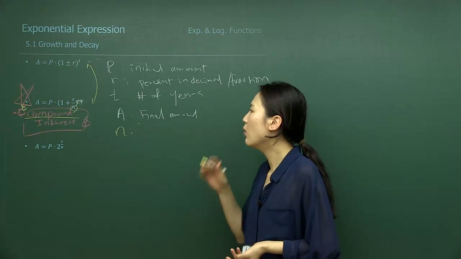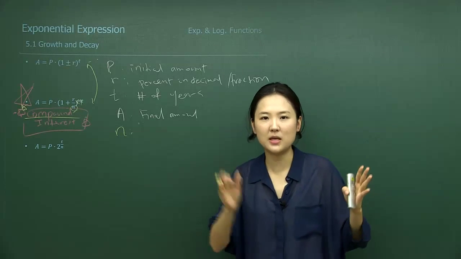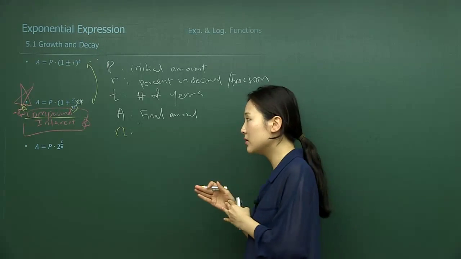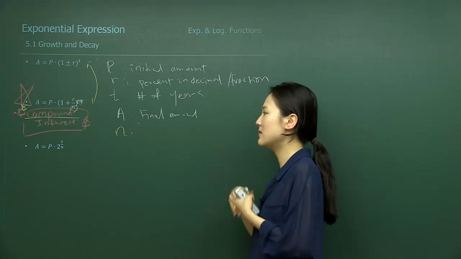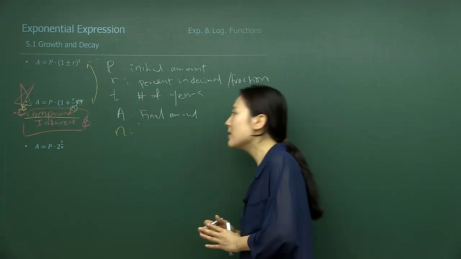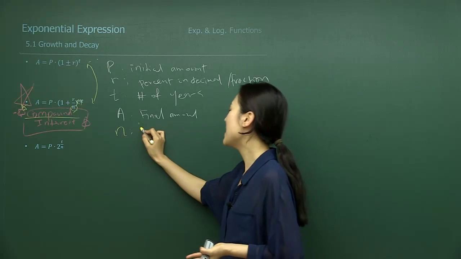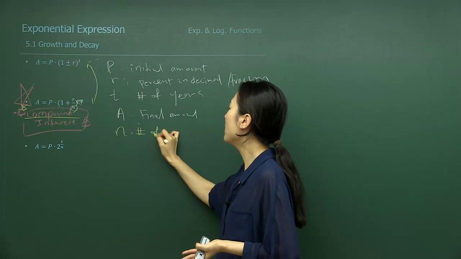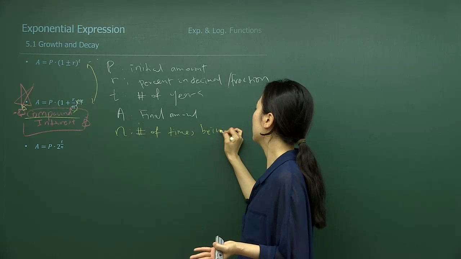Whenever that happens, all you have to do is count how many times a year it is being divided. If it says quarterly, that means it's being divided into 4, right? If it says daily, then it's 365. If it says monthly, then 12. Do you understand? So this is basically the number of times being compounded. Okay?